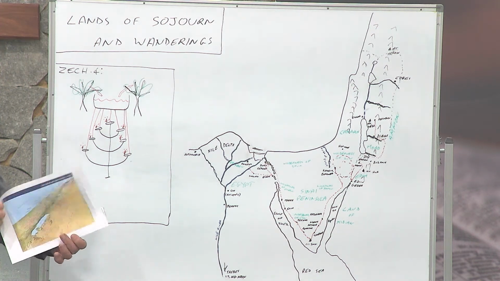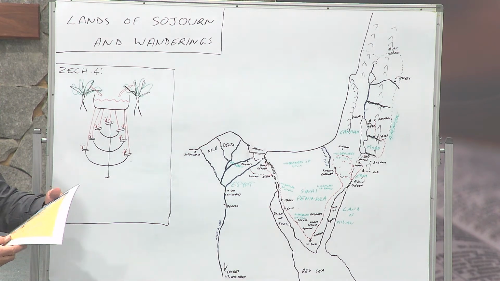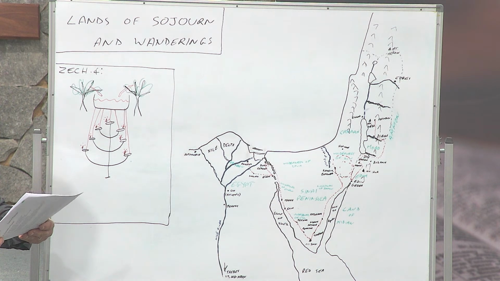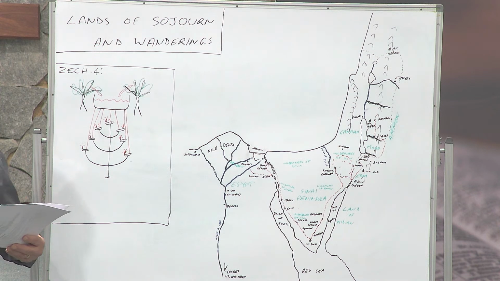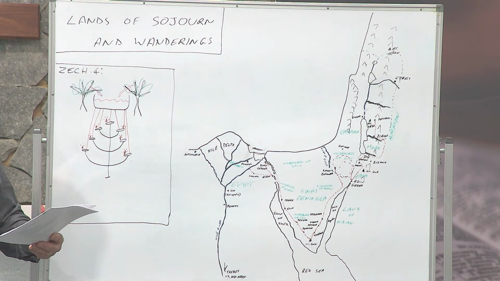You turn to the back picture, like I have over here, and you see a much better view of the valley of the Dead Sea, how low it is. It's like a great big massive valley in the centre of Palestine, from the Sea of Galilee going all the way down to the Dead Sea, which is 400 metres below sea level.